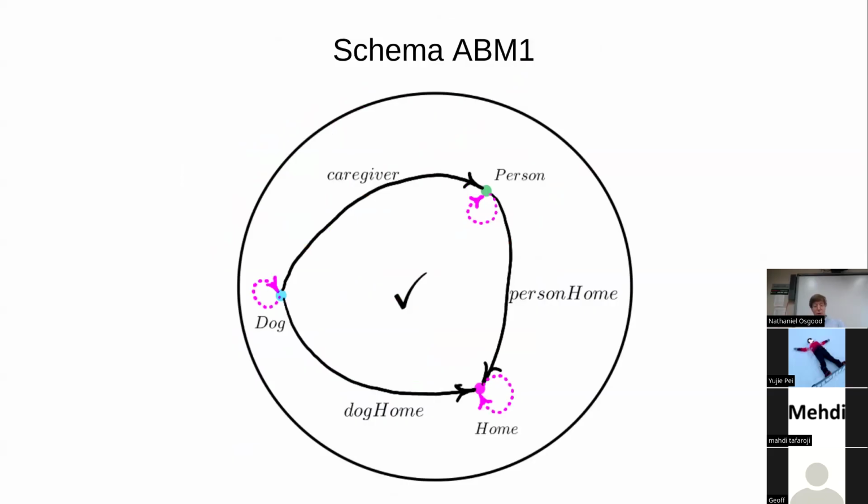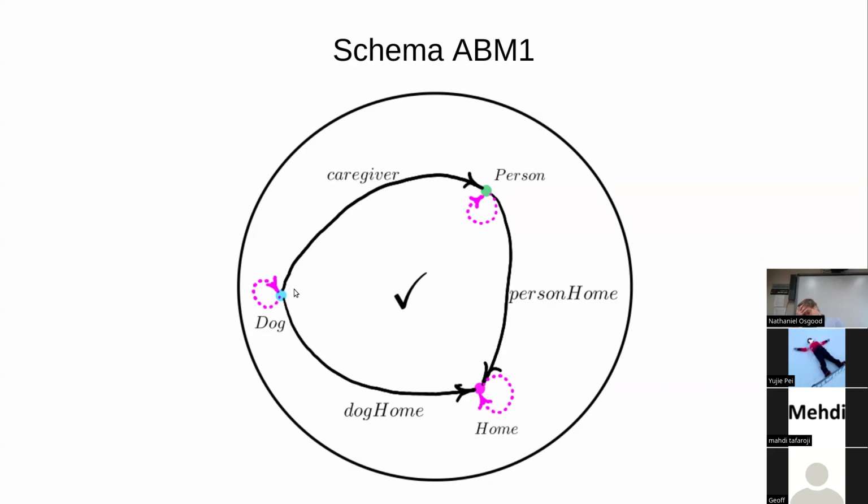Now, I hope those encountering this for the first time will also recognize the generality here of these ideas. So for example, we could have a schema category that has person object, home object, dog object.